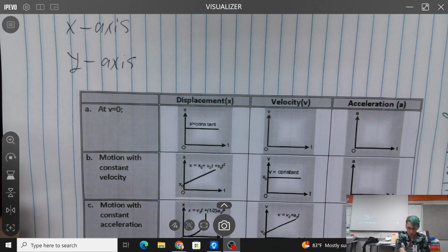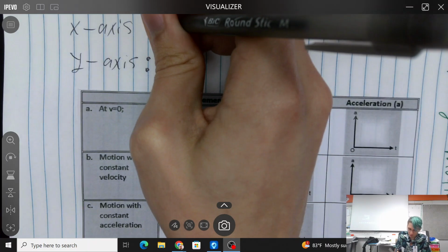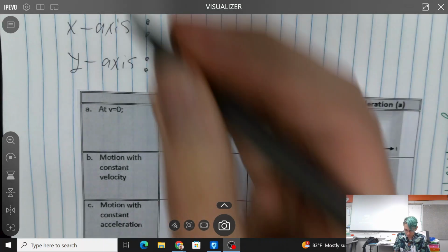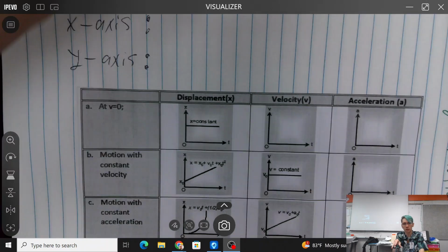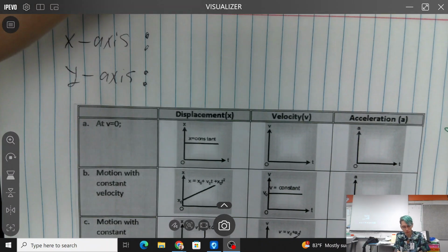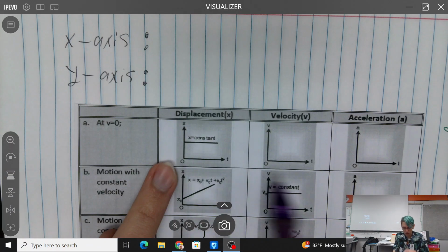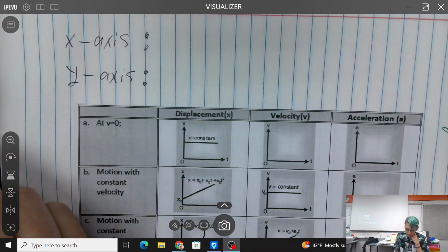So when we talk about our x and y axis for both of these, sometimes it may be confusing because x we use for displacement, because once again, they're thinking position, like your x value, super silly, but it's something. Our x-axis, so the horizontal axis, is basically always going to be time.